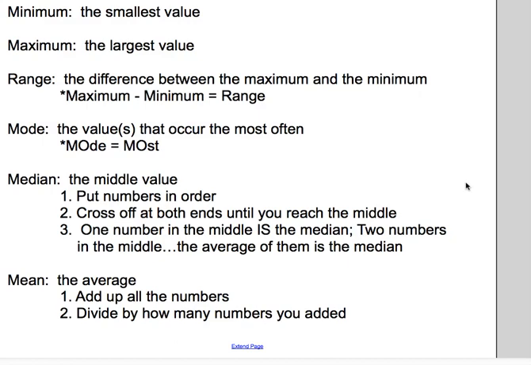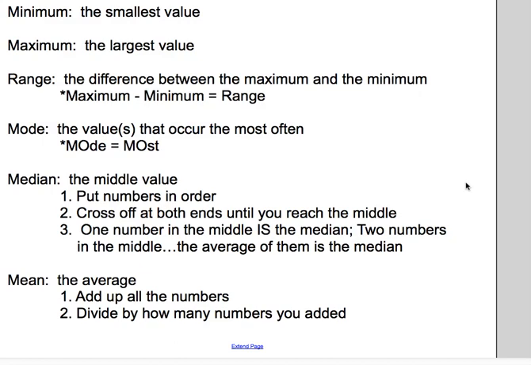The last statistical landmark that we'll be working with this year is the mean. Now, mean is a landmark that you have not worked with as often as the others. Okay, and the mean is the average. Mean is kind of another name for average. When you find the mean or find the average, you add up all the numbers and then you divide by however many numbers you added together.